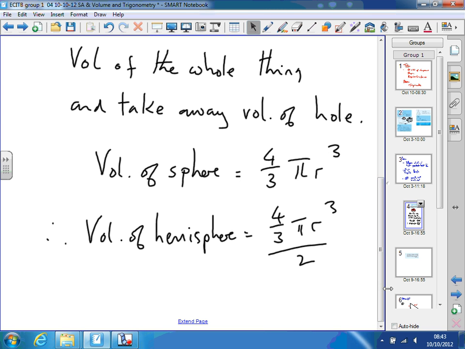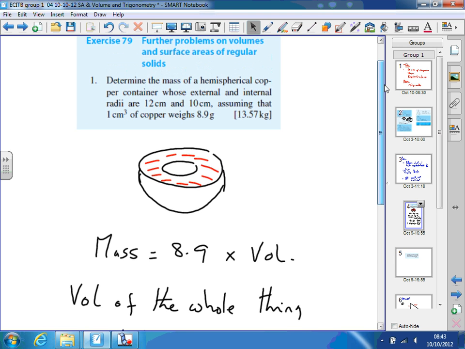So to find the volume of the sphere, what are we going to do? Here's our plan. We've now got the formula. So what do we do? Which radius are we going to use first? The external one, which is 12, find the volume of that, and then use the internal radius, 10, and find the volume of that. Agreed? And then take one away from the other. Do you want to do that for me?